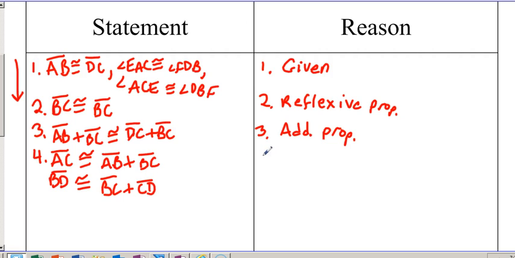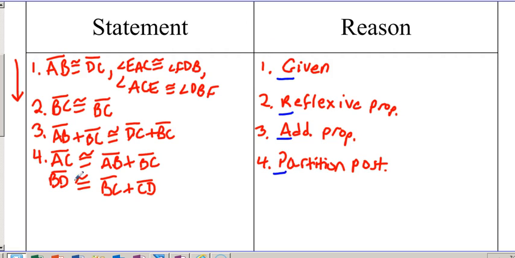There we have it. That's partition. A whole is equal to the sum of its parts. Partition postulate. So you've got your G, R, A, P, and we need one more.